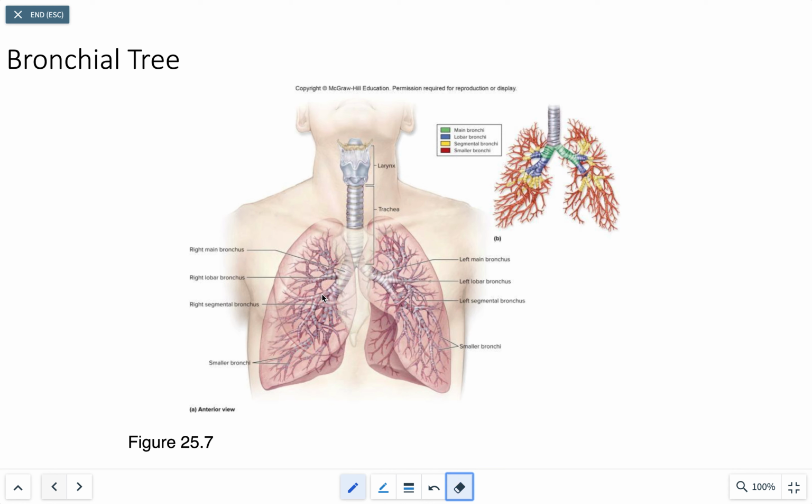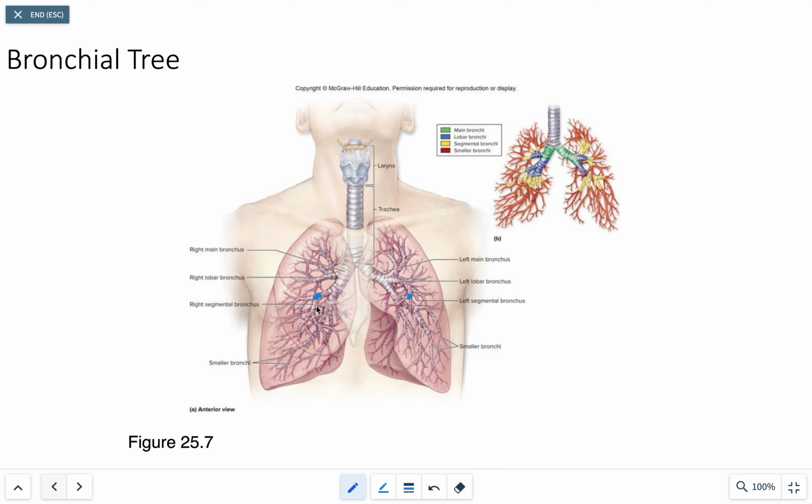As we go into the segmental branches, you're going to notice some changes. We see that the cartilaginous rings are going to become smaller. When the cartilaginous rings become smaller, we also see changes in these segmental branches. On the histology aspect, they're only lined with ciliated columnar epithelium.